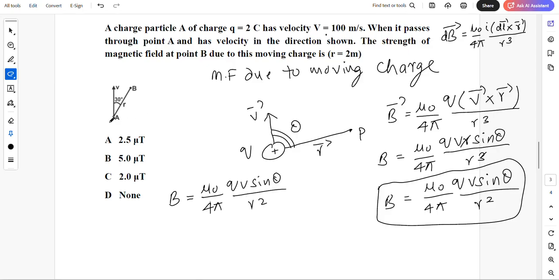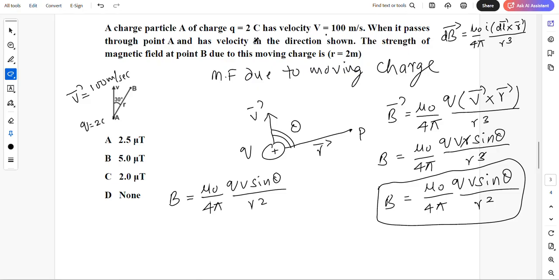What is given here? Charge q is equal to 2 coulomb. The velocity v is equal to 100 meters per second.